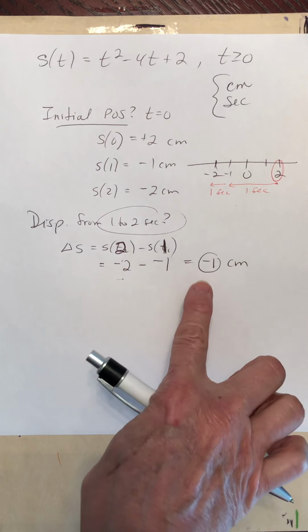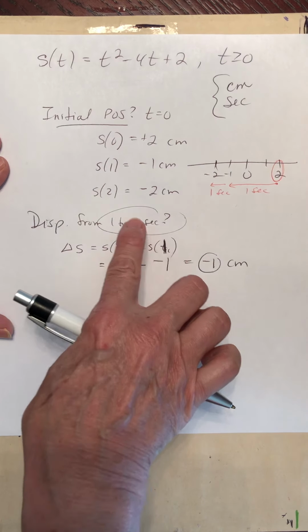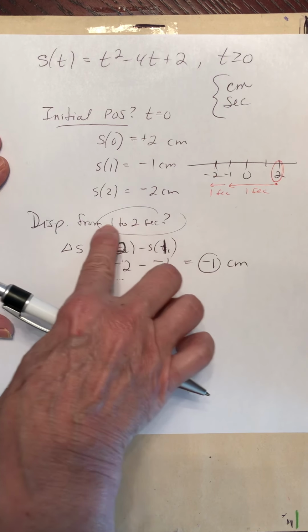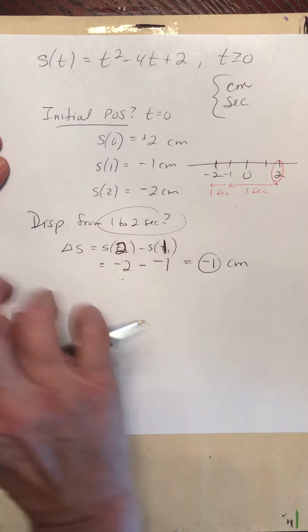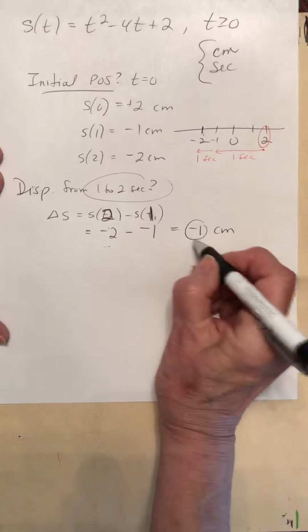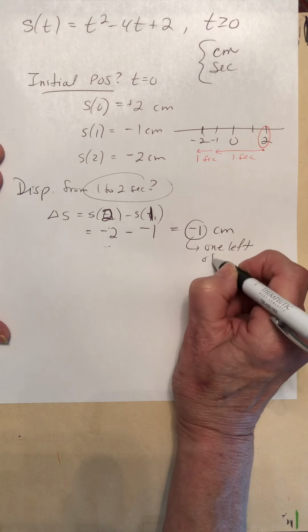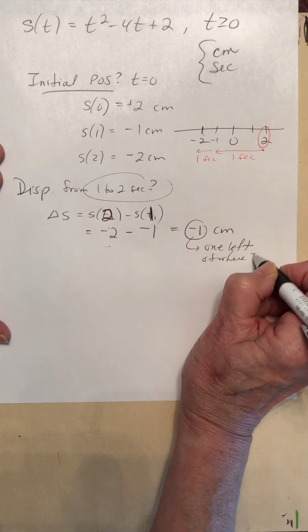This doesn't mean I ended up at negative 1 centimeters. That means at 2 seconds versus at 1 second, how are they related? What is my net difference in position? My net difference is that I end up being 1 left of where I was, or where this object was.